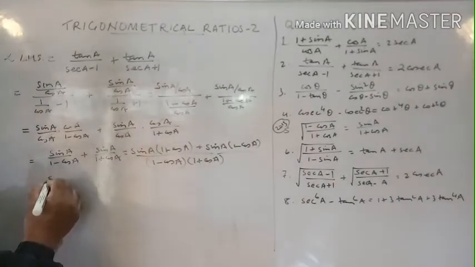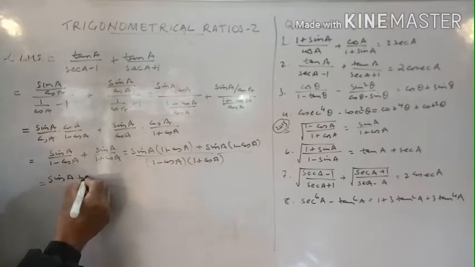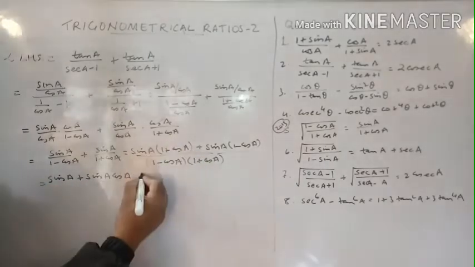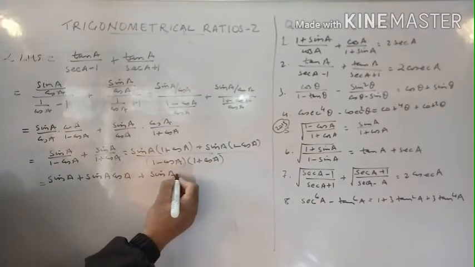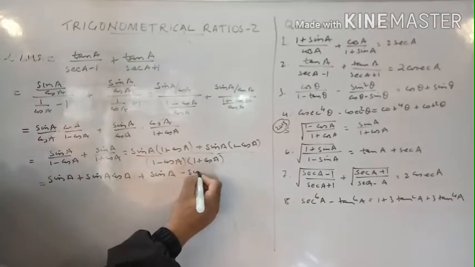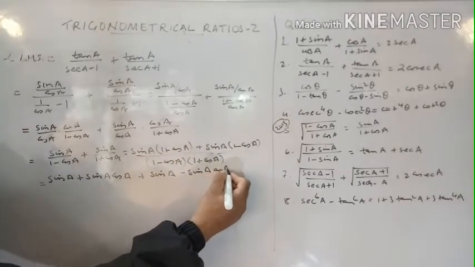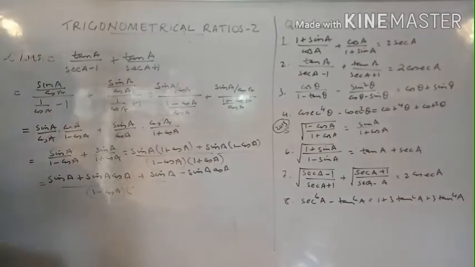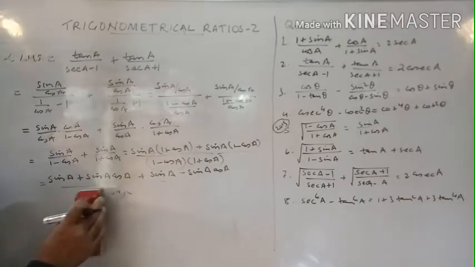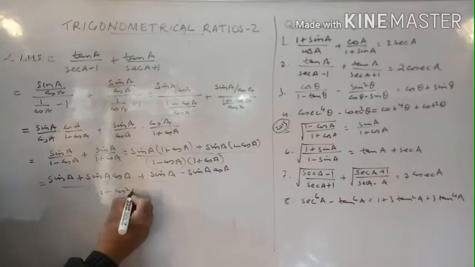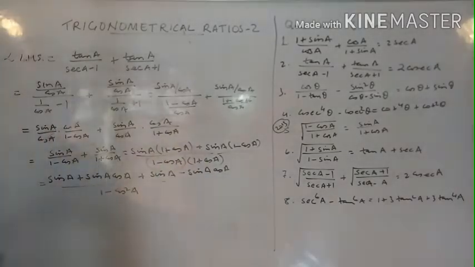So you get sin A plus sin A cos A, plus sin A minus sin A cos A. The denominator is (1 minus cos A)(1 plus cos A), which is 1 minus cos square A, using the (A plus B)(A minus B) formula.